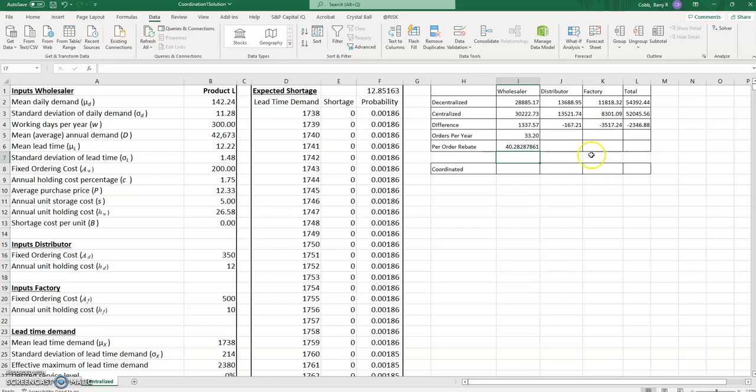Now the question is, who is going to provide this per order rebate to the wholesaler? Now this will be based on some type of a contract, but it seems like the factory should provide the bulk of it, but perhaps the distributor should provide some, maybe based on the amount of their savings. And so what we could do is look at the ratio of these savings.